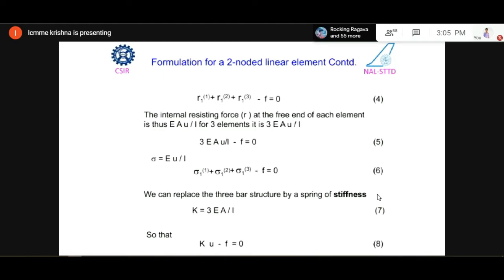So we get the equation equal to 0. We can replace the stiffness, which has a major role in each of the elements. K represents the stiffness of the spring or the bar, which is equal to 3AE by L. When we replace that, we get the final equation, equation number 8, Ku equal to F, or Ku minus F equal to 0.